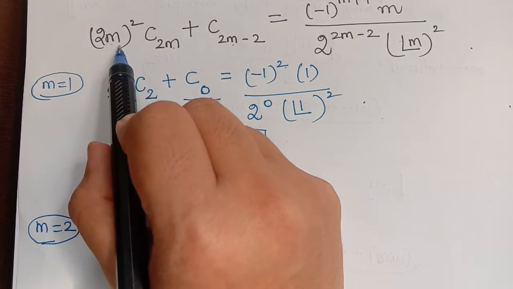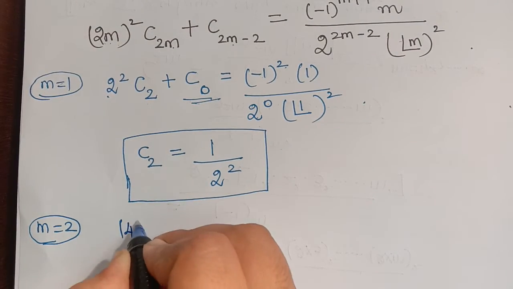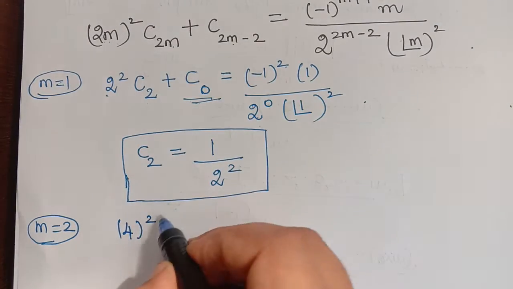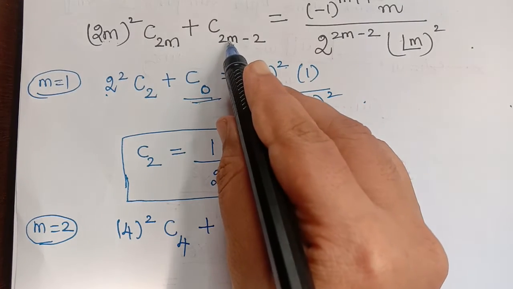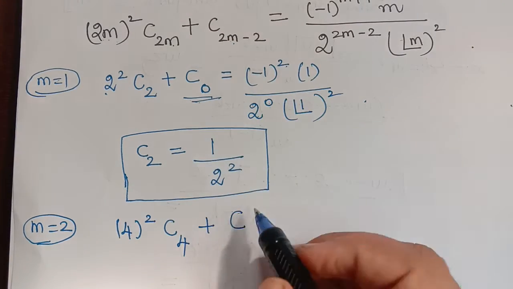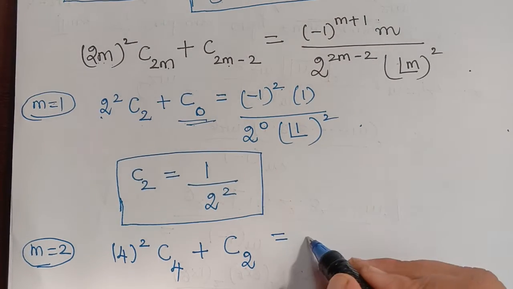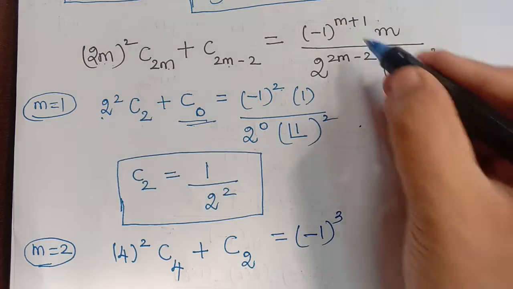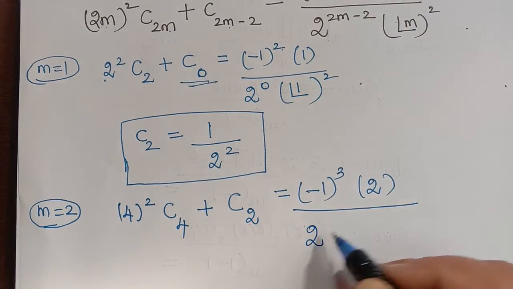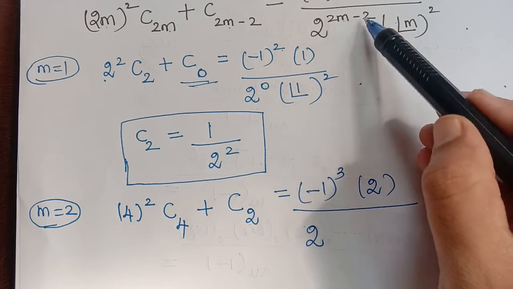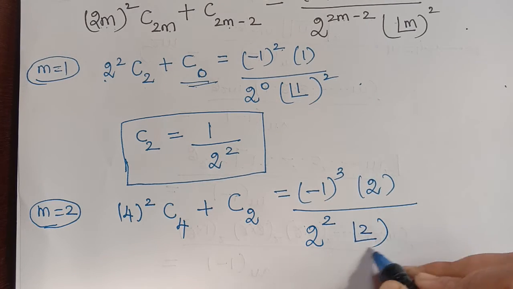So when we put m equal to 2, what do we get? 2 multiplied with 2 squared, which will be 4 squared, and then c4, plus c, now 2 times 2 is 4, 4 minus 2 is 2, so plus c2, is equal to, now the value of m is 2, so (-1)^3 multiplied with 2 divided by 2^(4-2), which is 2 squared, and then (2!)^2.